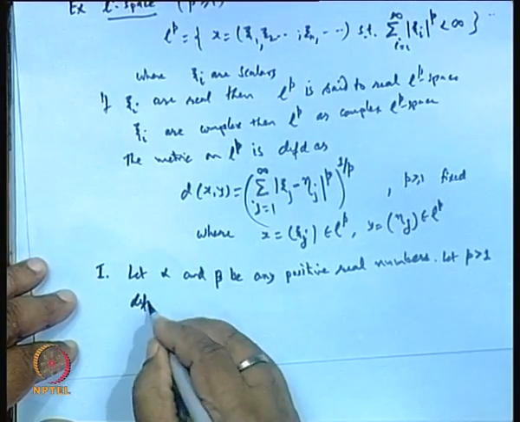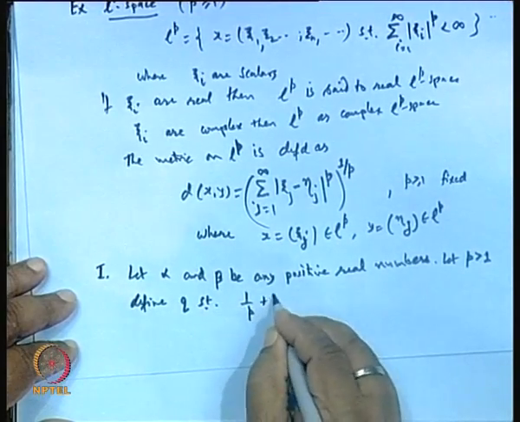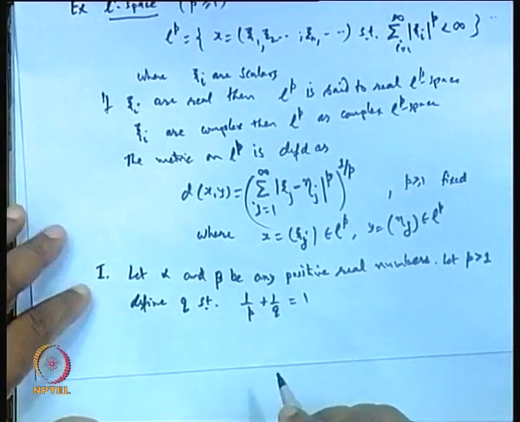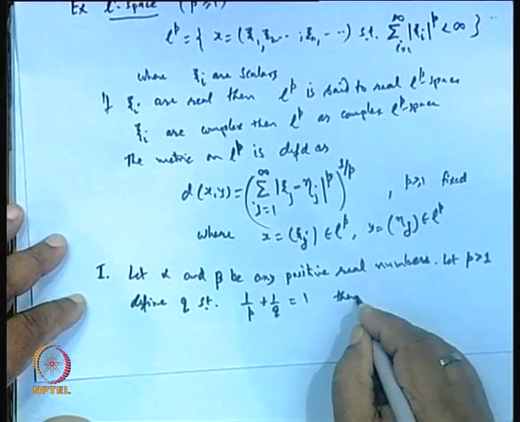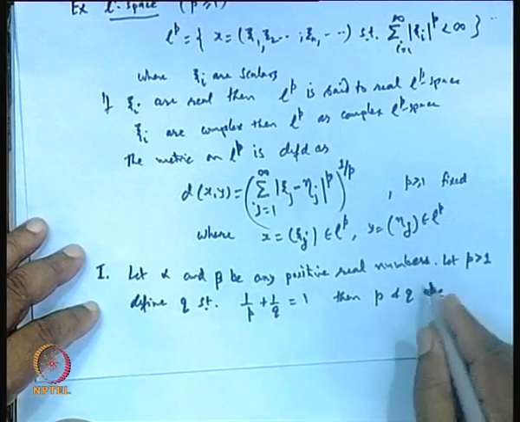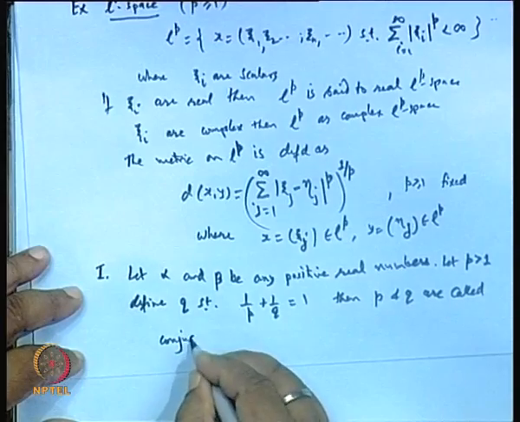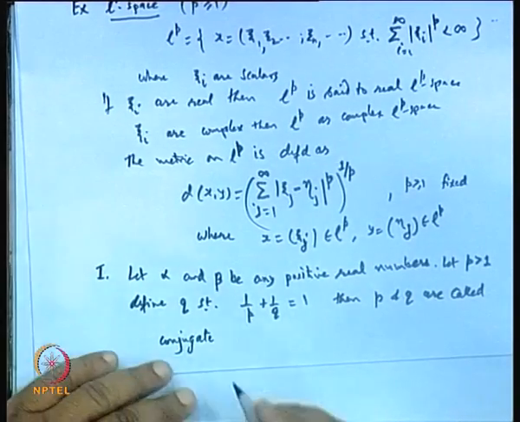Define q such that 1/p + 1/q = 1, then p and q are called conjugate exponents.